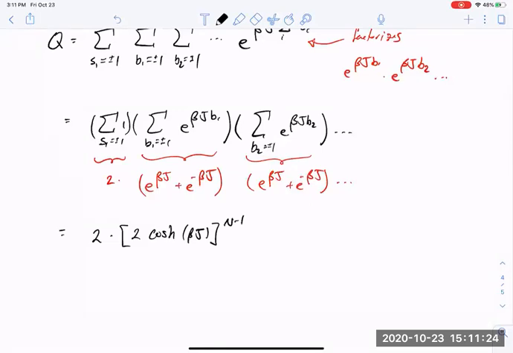Now, if there are many spins along this chain, this is very close to twice hyperbolic cosine beta J to the n. So we've just solved the Ising model. In one dimension, we've really done it.